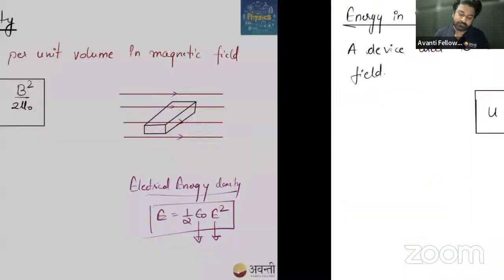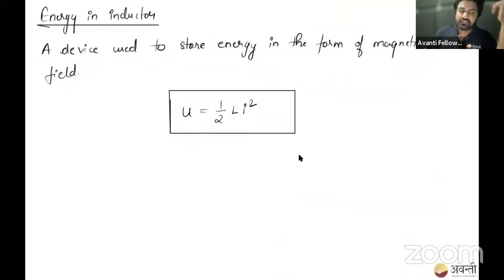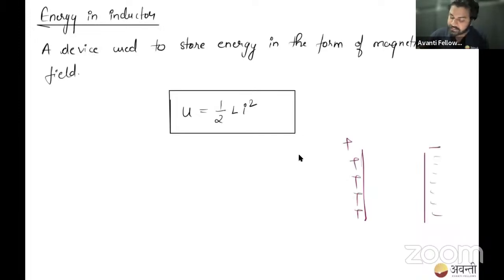Next, how much energy is stored in the inductor? Just like capacitors, if you remember, there is a positive plate and a negative plate, and there is an electric field inside the capacitor.